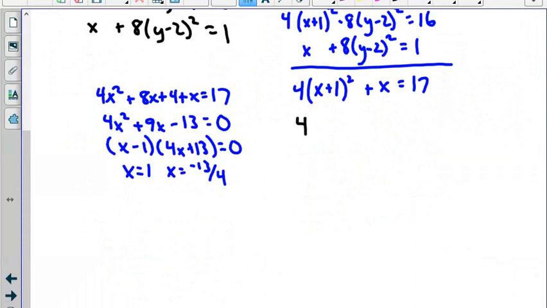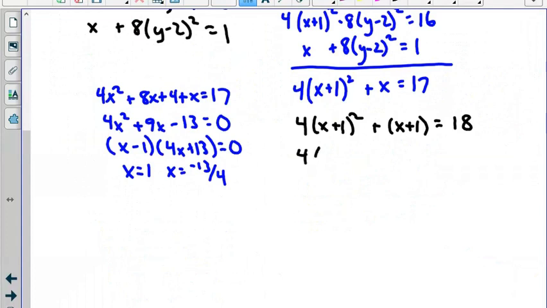So if I take a look at 4 times x plus 1 squared, let's say I add an x plus 1 to this particular problem, or I add 1 to both sides, and I make it so that there's an x plus 1 squared and an x plus 1.